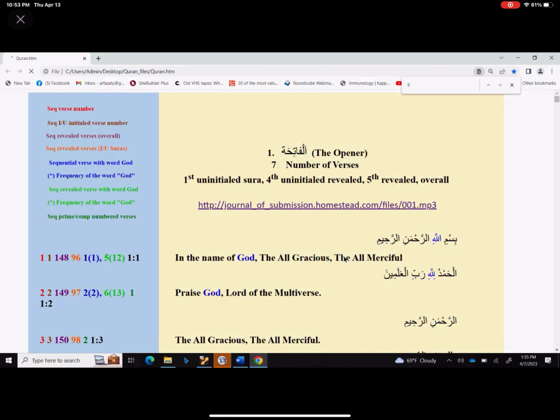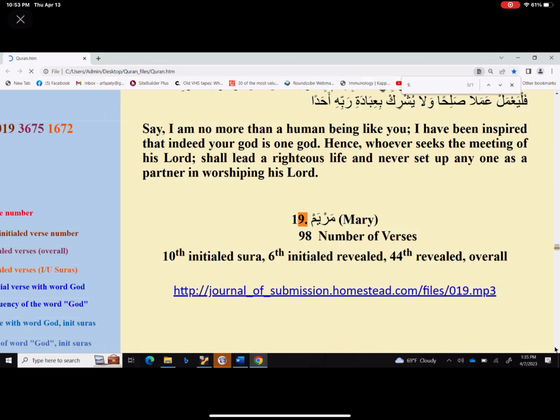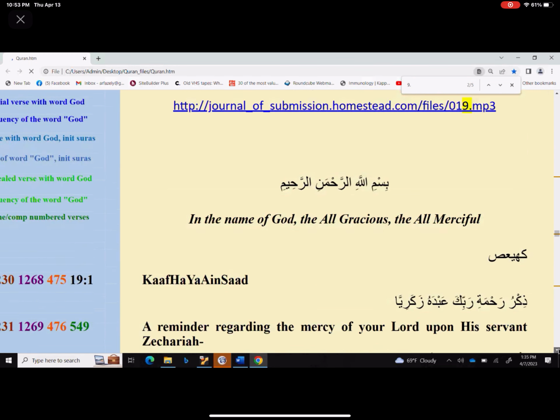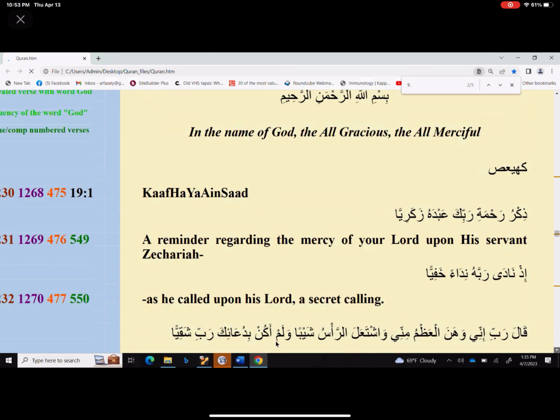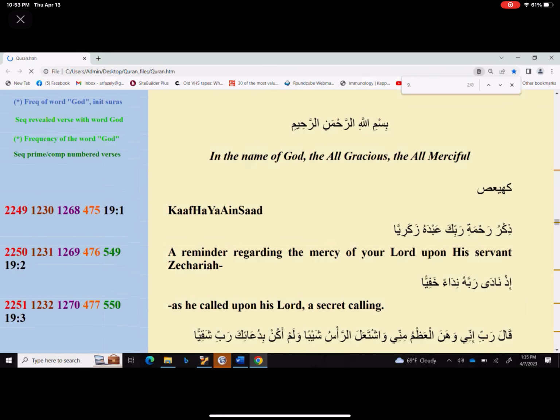We go to chapter 19 in the Quran. There it is, Maryam. Go down lower a little bit, and there we are, 475. You see that? 475. And that's in orange.